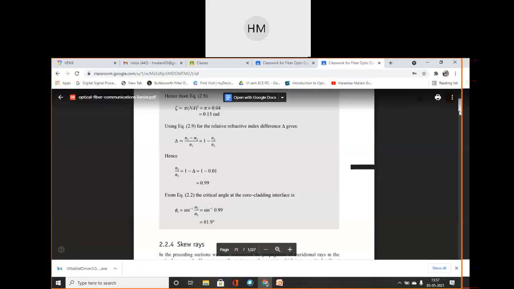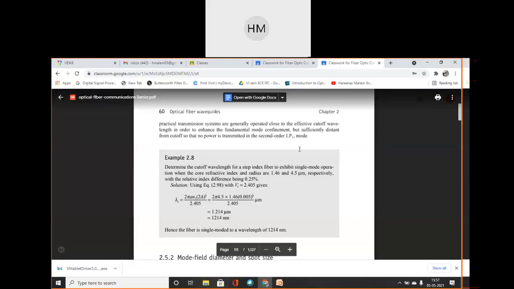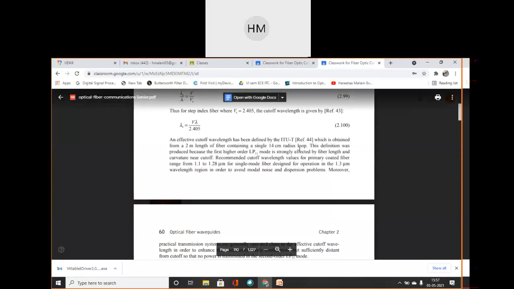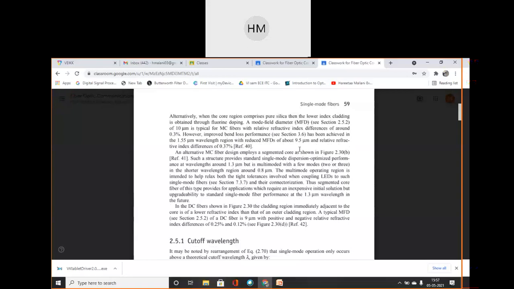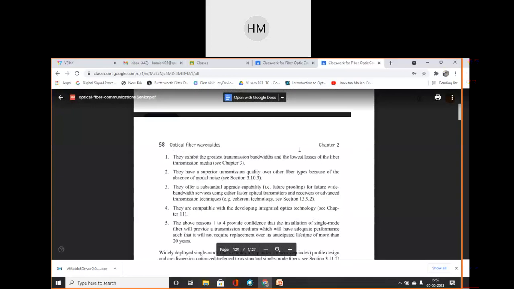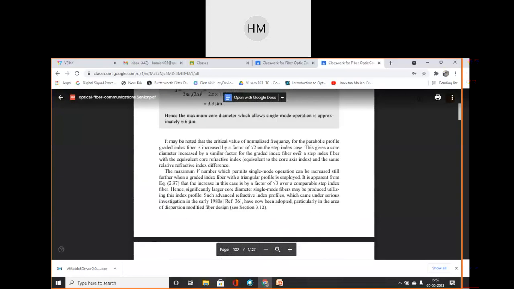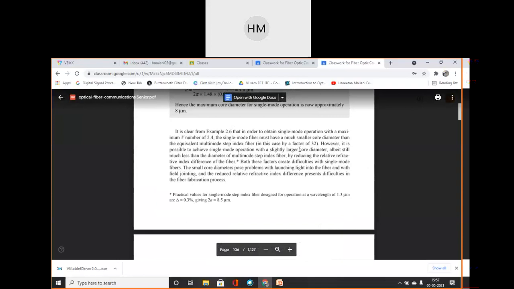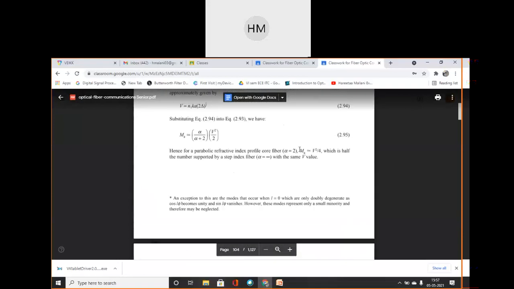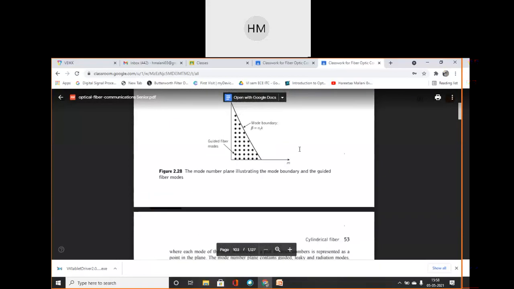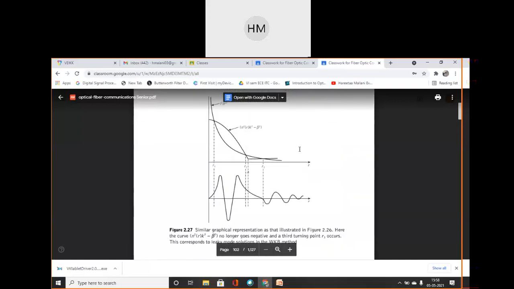Step index fiber, very good. Only step index fiber we have discussed? In that, what important parameters did we discuss? Mode field diameter, okay. Mode coupling, very good.